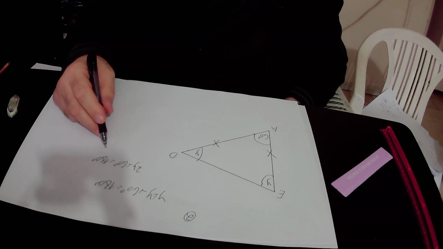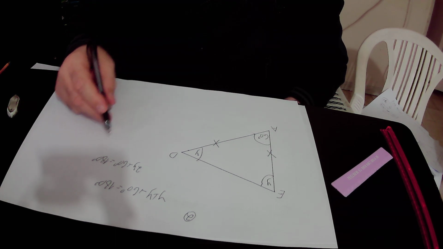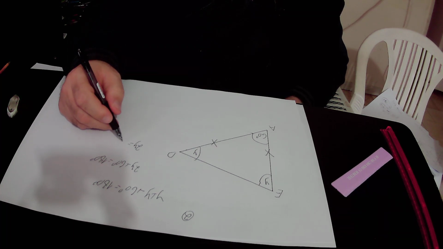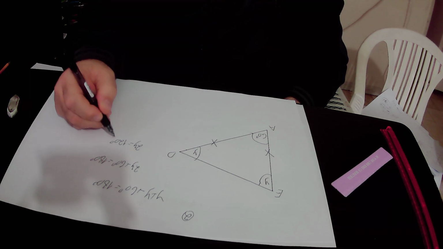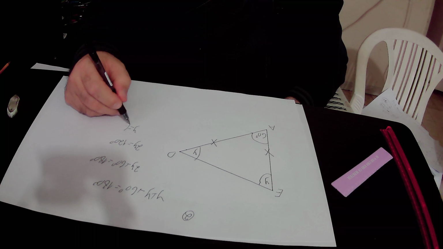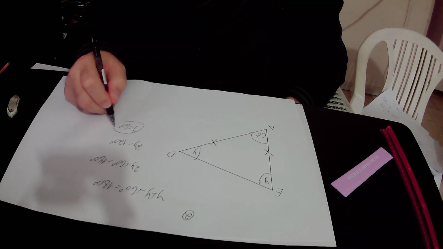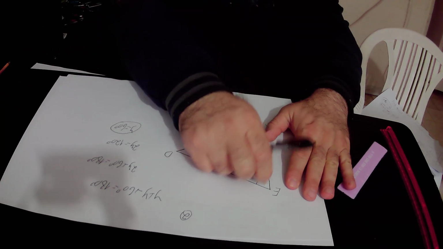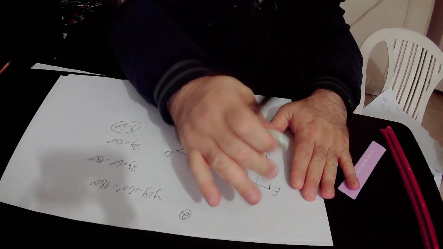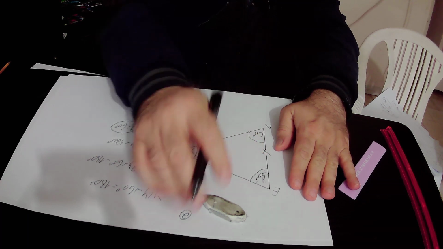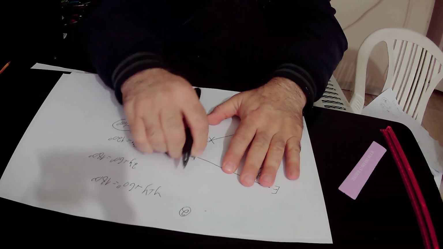We subtract 60 degrees and get 2y equals 180 degrees minus 60 degrees, which is 120 degrees. We divide by 2 and get that angle y equals 60 degrees. So we can substitute y by 60 degrees. Here also y equals 60 degrees.